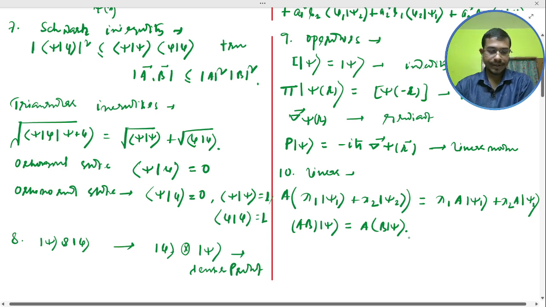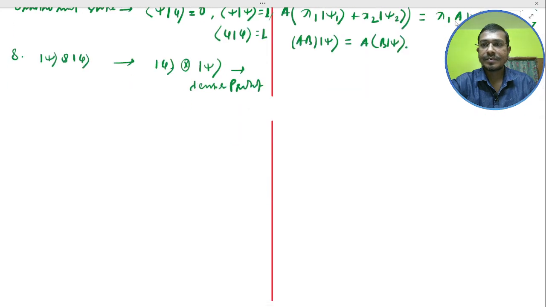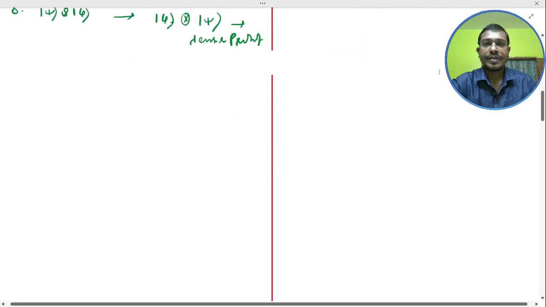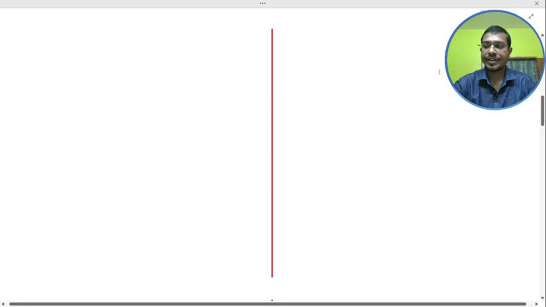Next is very important, the matrix representation. Number 10. So, okay, we just do it on the next page. The matrix representation of the operators.